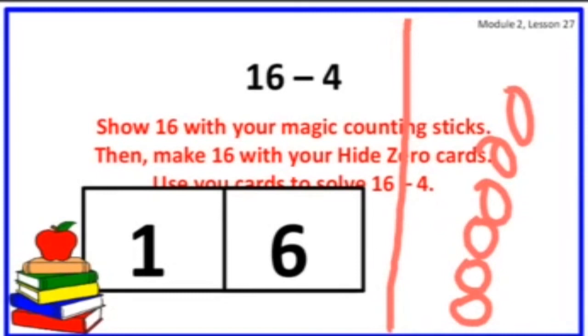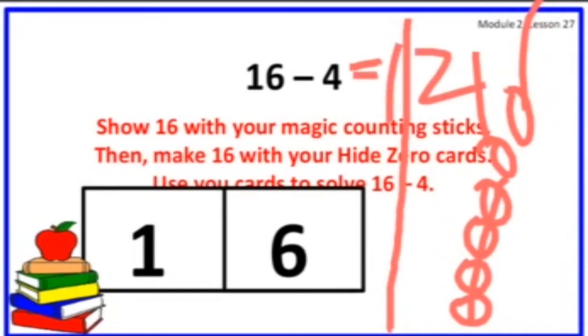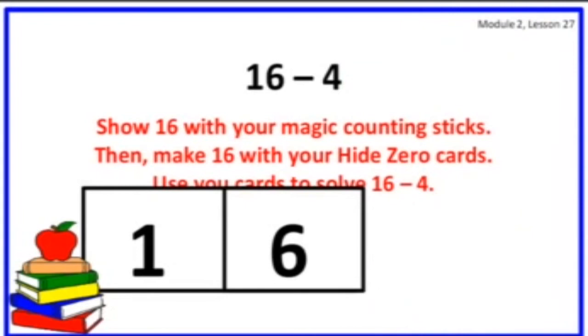So I will cross out my 4 from my 6. How many is left? 1, 2. So 10 and 2 is what? Ten, 2, and that is 12. Very good. How many tens? 1. And how many ones? 2. Clap for yourself.